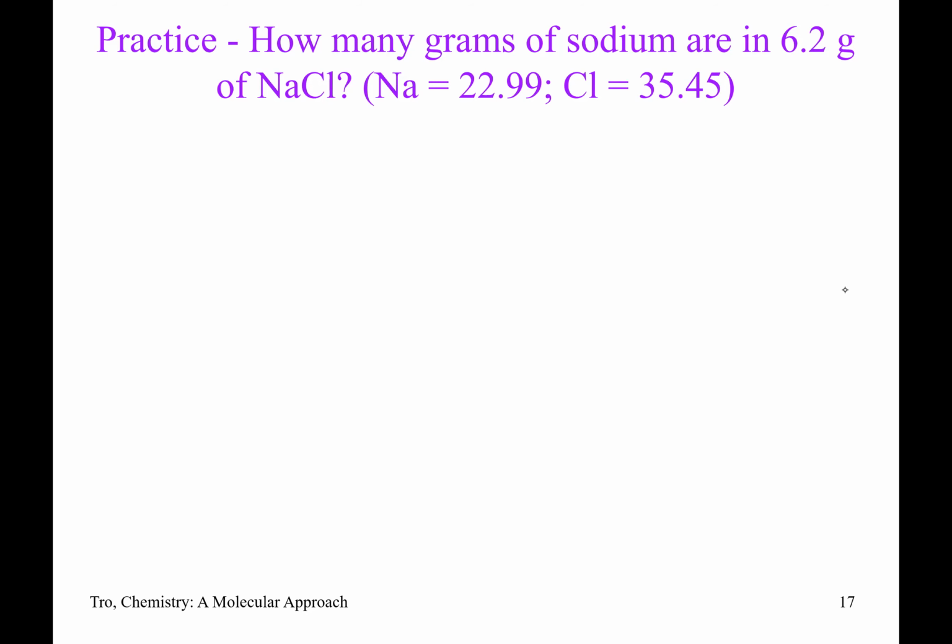So we need the percentage for sodium. The percent of sodium is 23 over, I'm just going to round up, 58.5. So grams of sodium over grams of total. This is the part, element over molecule, times 100%.